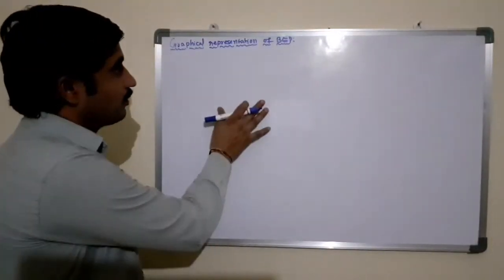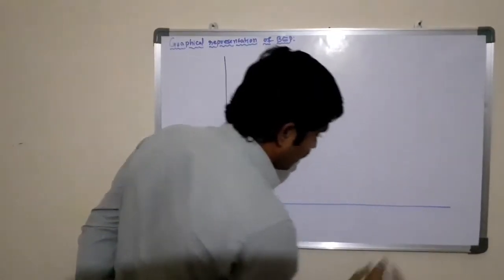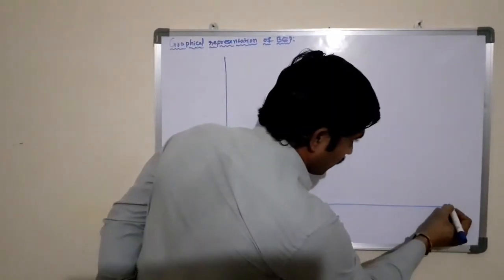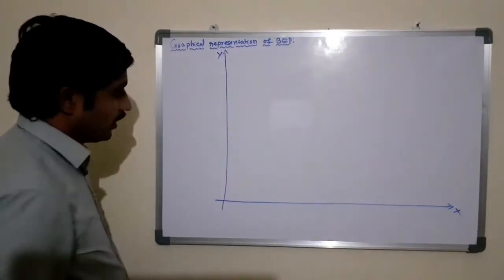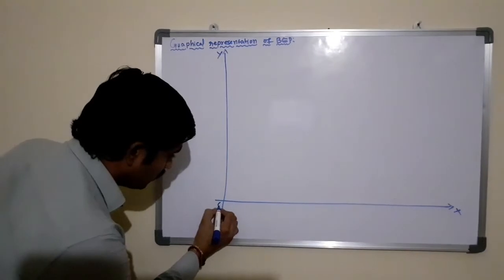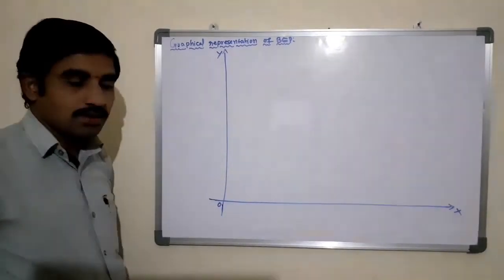To construct it, we will take the two axes, x-axis and y-axis. So this is x-axis and it is a y-axis. It is 0 or origin.